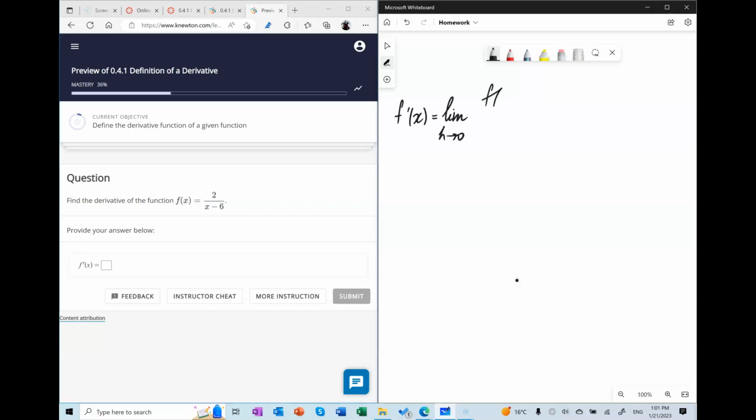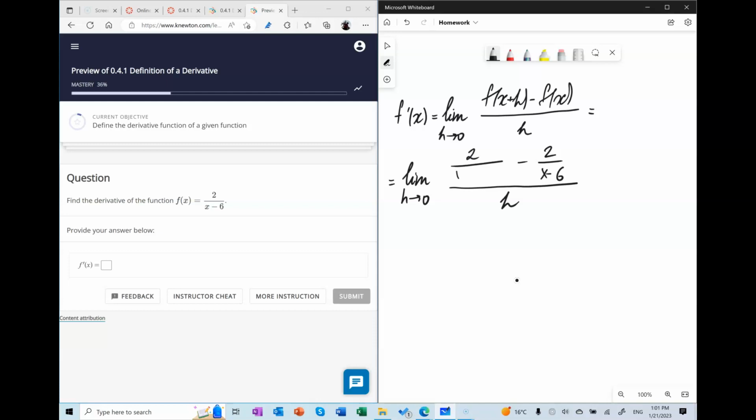So here goes f of x plus h minus f of x divided by h, and we're going to plug in, instead of f of x, we're just going to do this, right? And we're going to divide it by h, and that's easy to plug in. But for f of x plus h, we're going to write the same function, but instead of x, we're going to put x plus h.